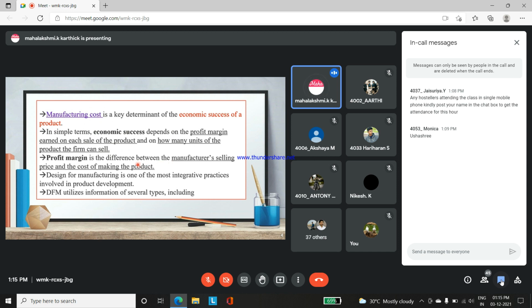As you know, there are a lot of things needed to make a product, so material cost, labor cost, and overhead cost also have to be considered, along with the difference from the manufacturing selling price. Manufacturers will fix one selling price.